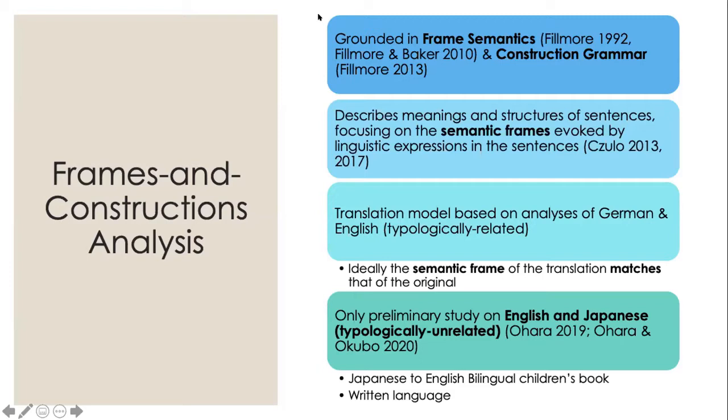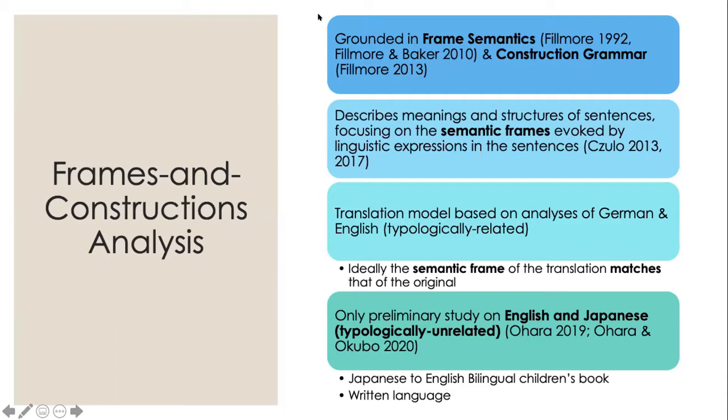Building on Czulo's work, Ohara 2019 and Ohara and Okubo 2020 examined whether frames and constructions analysis is a valid methodology to search for and align comparable constructions between Japanese and English, a pair of typologically unrelated languages.